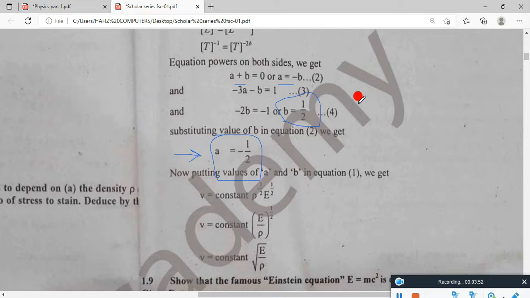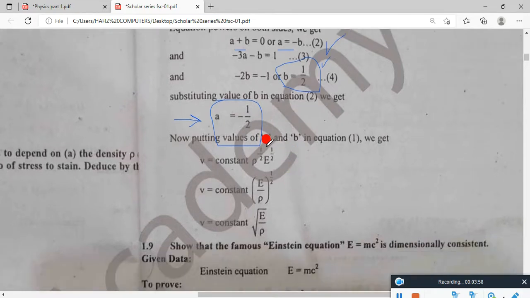When we put the values of a and b, we get rho to the power -1/2 and E to the power 1/2. So velocity is equal to a constant times the square root of E over rho, which we have to write in this problem.